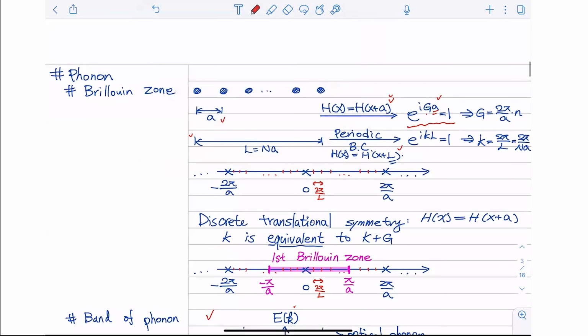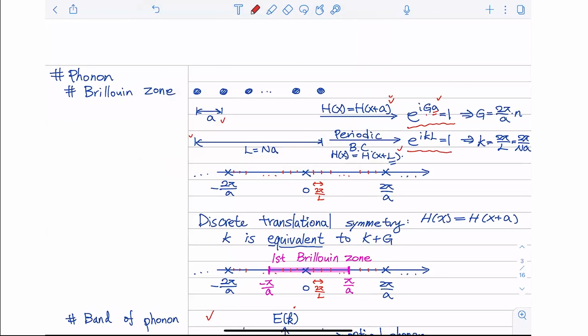So that means that we also have a condition that needs to be satisfied: exponential i k times the system size L needs to be 1. So the corresponding reciprocal vector k is 2 pi times some integer m divided by L. And here, because L is N times the lattice constant, the last equality is just a trivial replacement of the system size by the lattice constant.